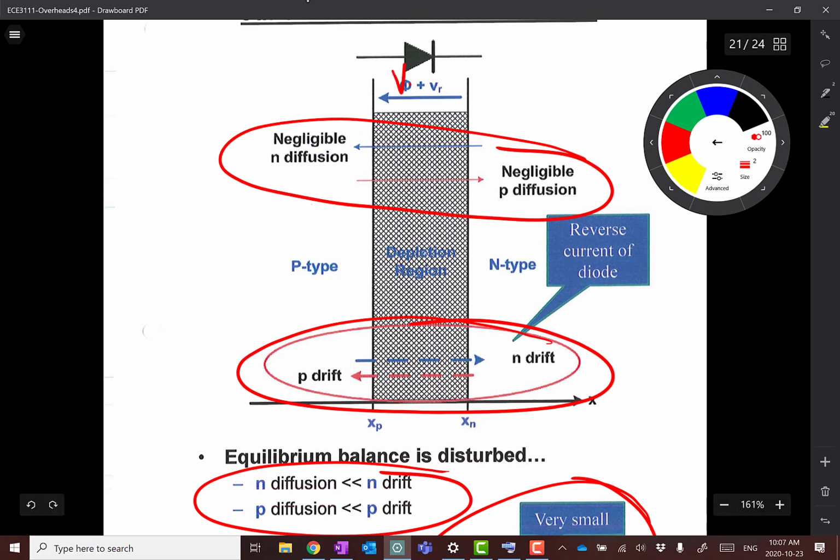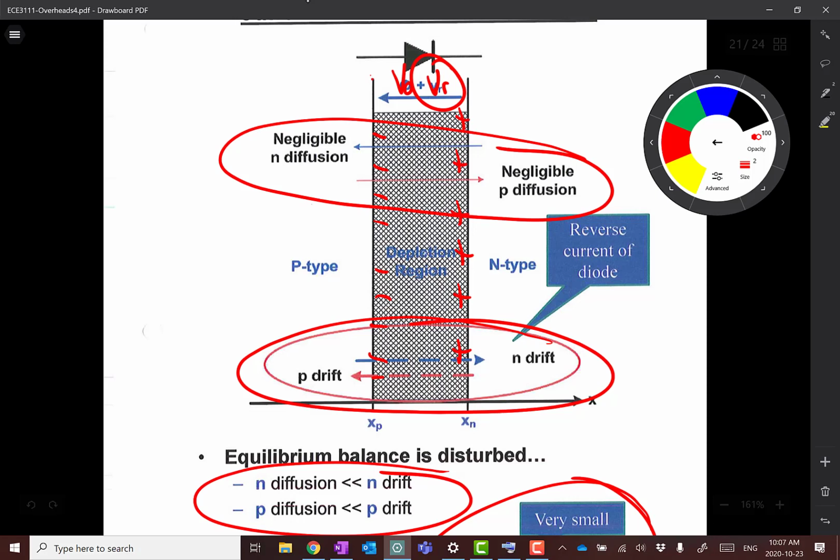if this reverse voltage here gets high enough to cause a strong enough E field, right? So remember, our E field is a built-in junction potential due to this junction potential like this.